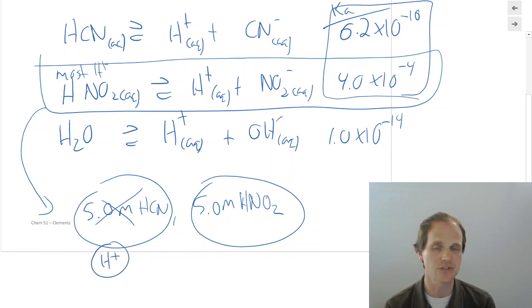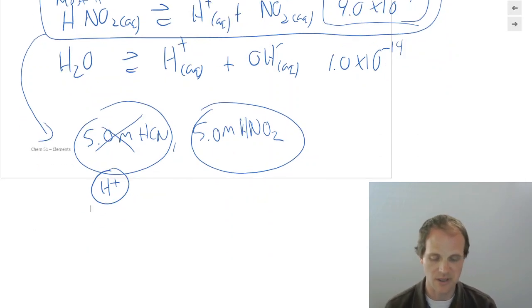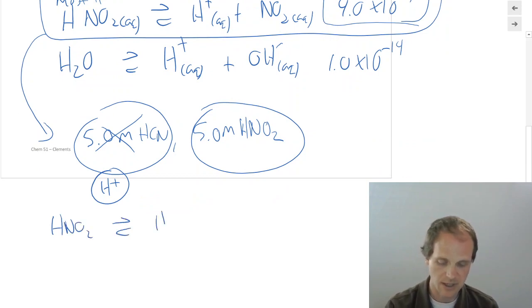It's still there, it's still doing things, which we'll see in a little bit. But we're going to ignore its contribution for our hydrogen ion concentration, and we're just going to focus on our HNO2. So we get HNO2 goes to H+ plus NO2-.